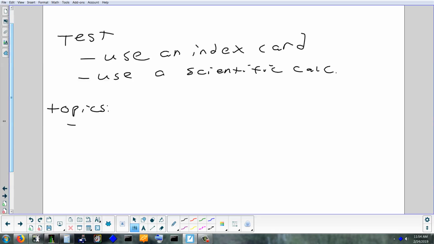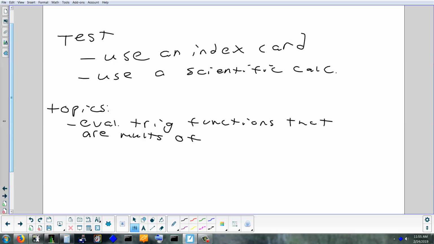So you want to know how to evaluate trig functions that are multiples of 15.